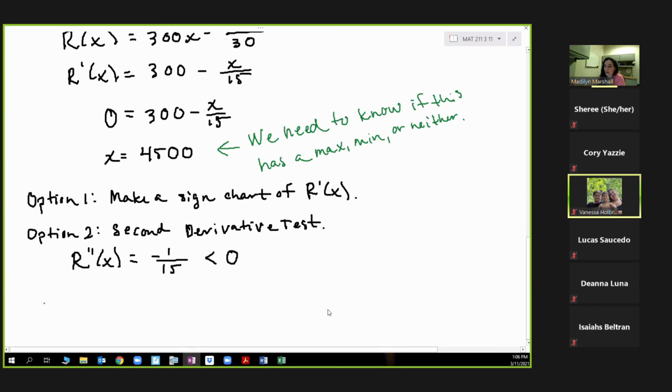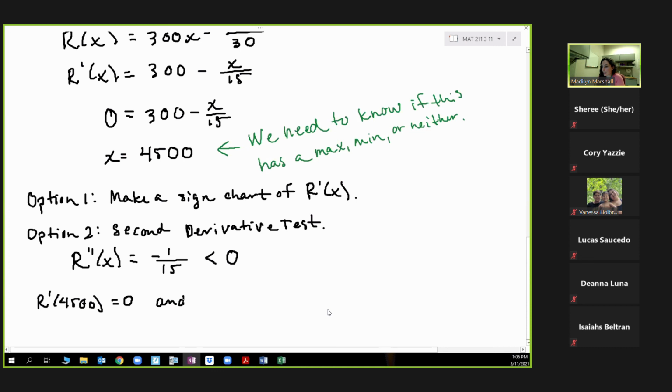So the second derivative test says that r prime of 4,500 is 0. We know that from solving r prime equal to 0. And r double prime is negative everywhere because it's -1 over 15, which means it's also negative at 4,500.